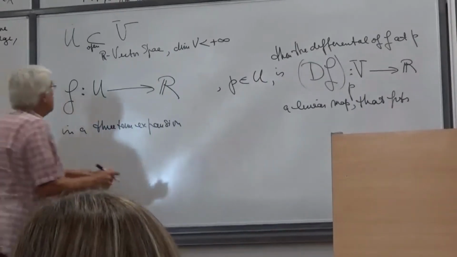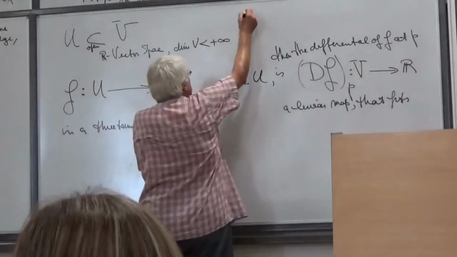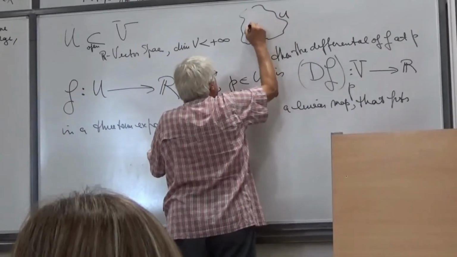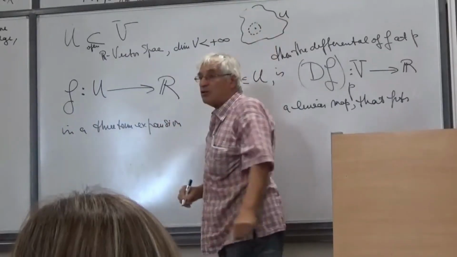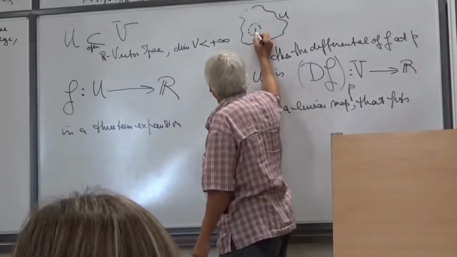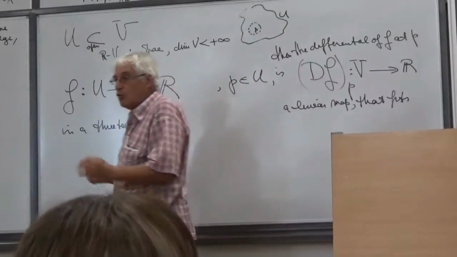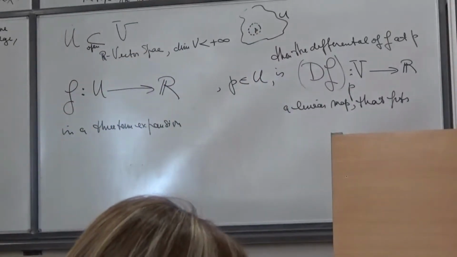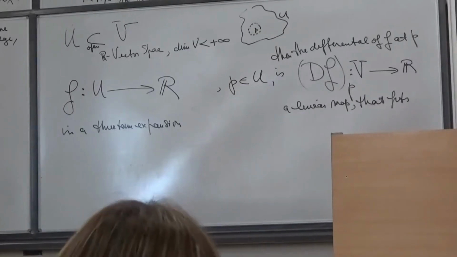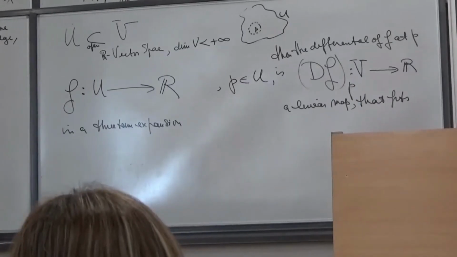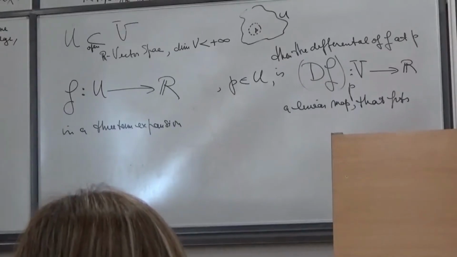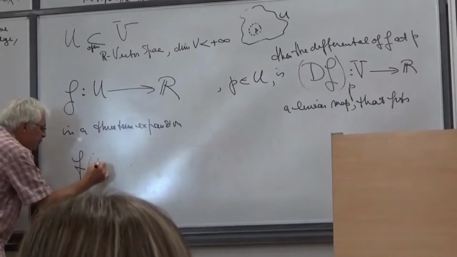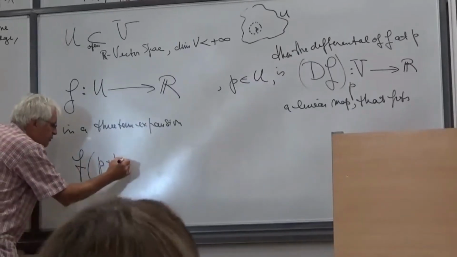It's a three-term expansion. So I said open set. Here we have U. Here we have P. What we can do is we can draw some ball around that point P. Local information is that I tell you something about the function if I restrict my function to that small ball around me. So we start taking points in that small ball.